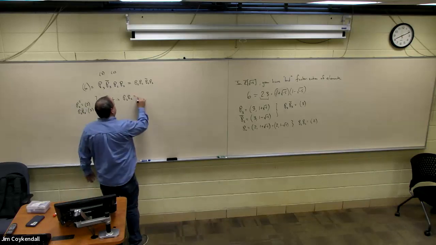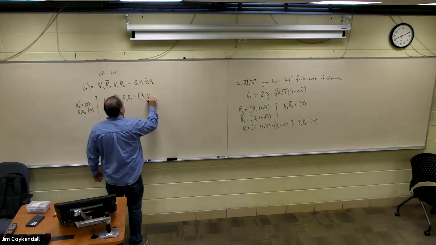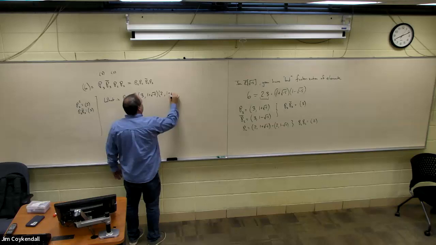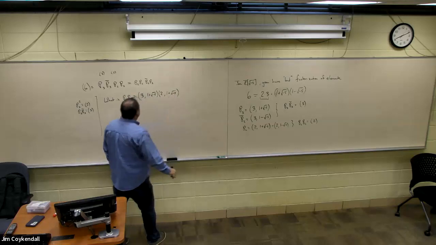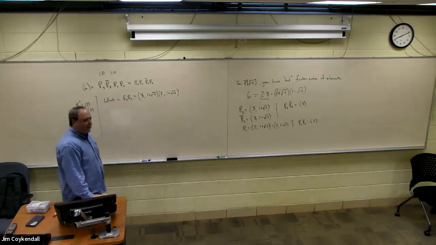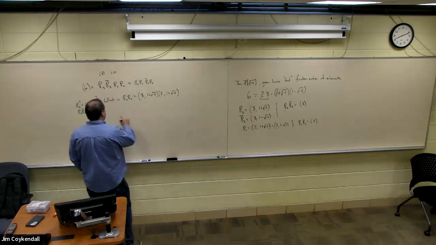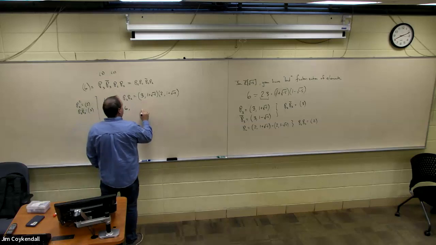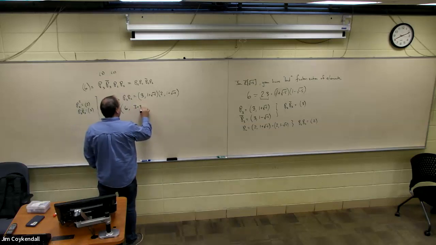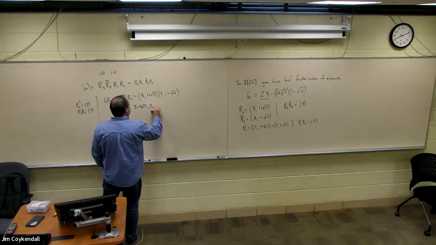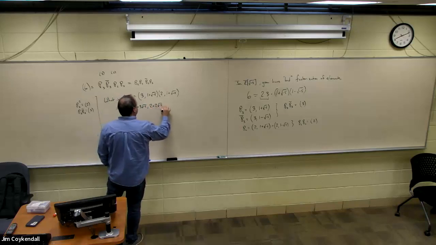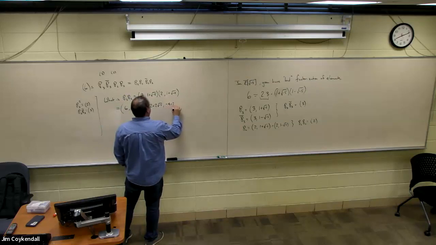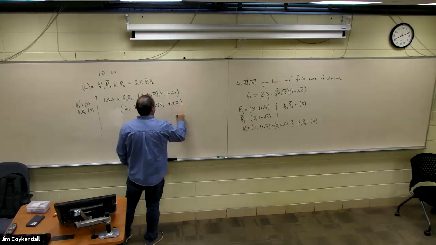Well, what happens if you multiply these two ideals? I don't know much, but I do know it will be generated by six. 3 plus 3 radical negative 5, 2 plus 2 radical negative 5. And then whatever this product is, which I guess is minus 4 plus 2 radical negative 5.